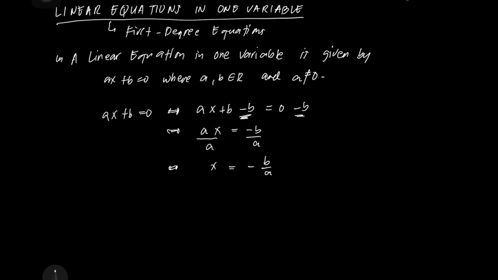Again guys, we are not saying it's transposition. Transposition is the term used in the concept of matrix or matrices. You might think that we transferred the positive b to the right to make it negative b and we call it transposition. Actually, it's not transposition, it's the addition property of equality.